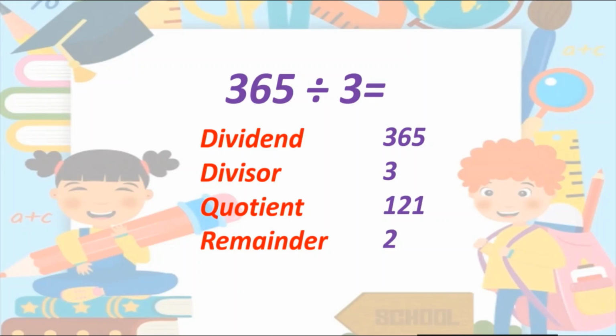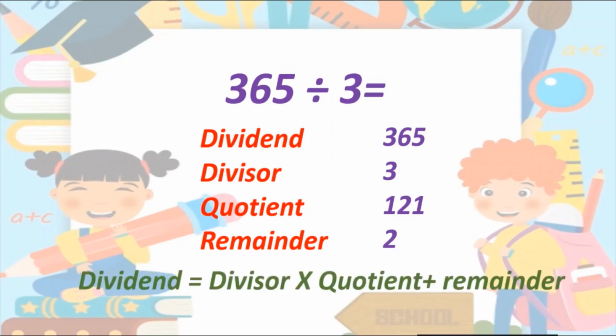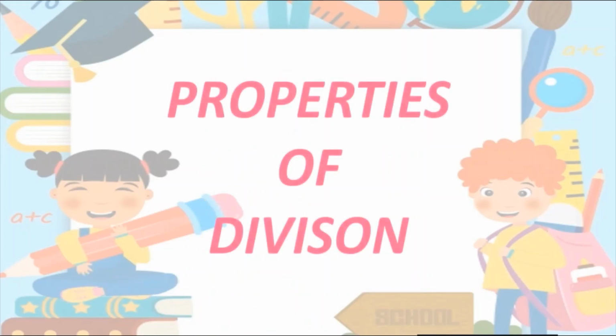In order to check whether the division is correct or not, the formula that we use is: dividend is equal to divisor multiplied by quotient plus remainder. So, 3 multiplied by 121 plus 2 will give you 365.